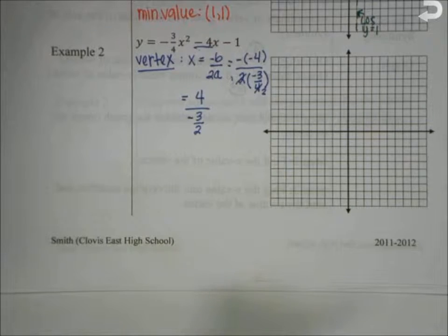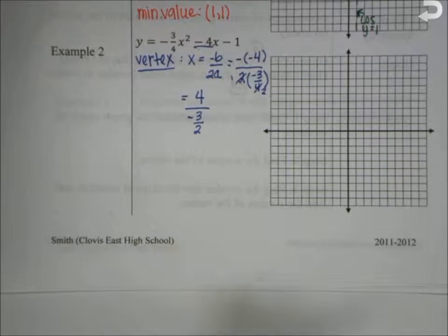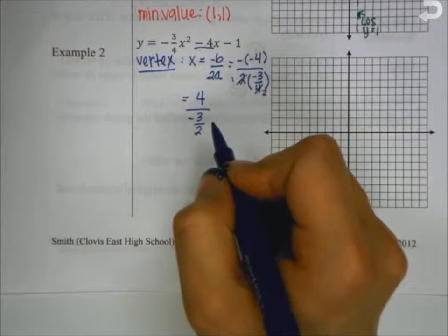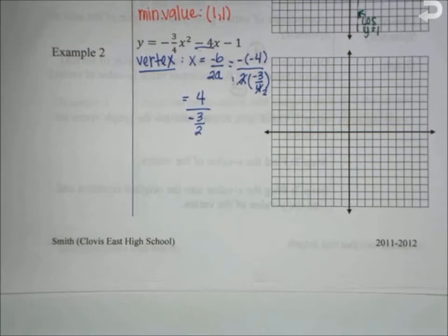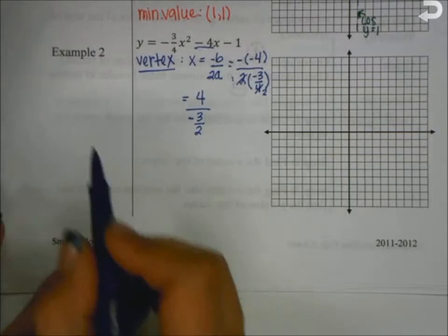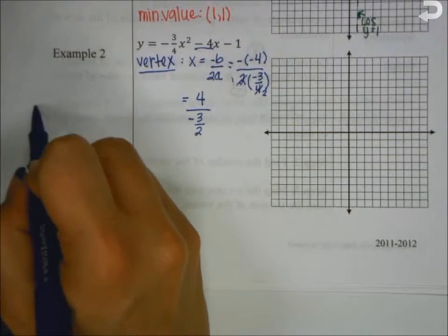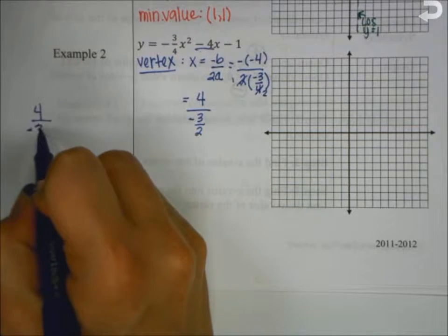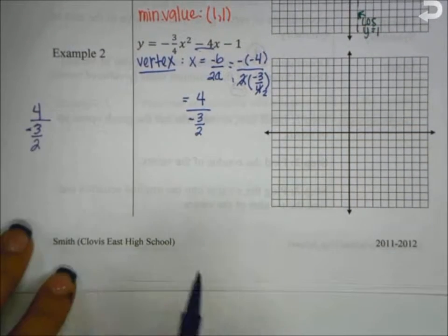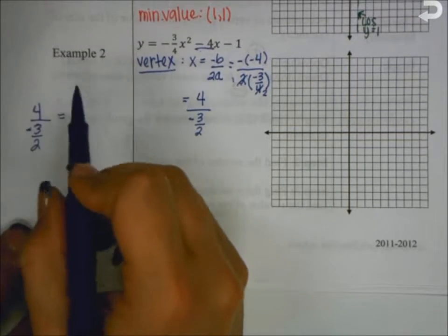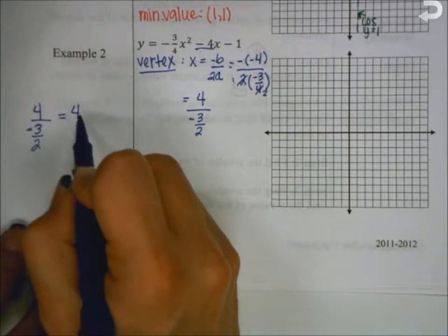And if I have a fraction in the denominator, does anybody remember what happens? Let's do it off to the side. So I have 4 over negative 3 over 2. When I'm dividing fractions, let's rewrite it as 4 divided by negative 3 over 2, so we can see it a little bit easier.